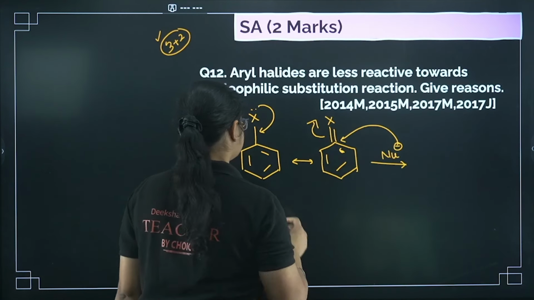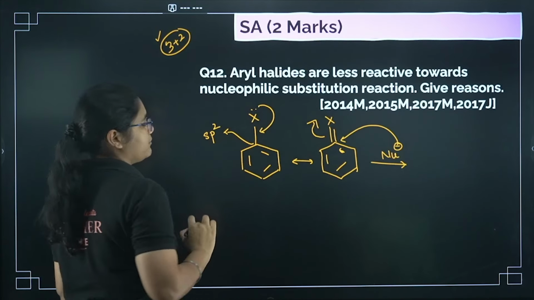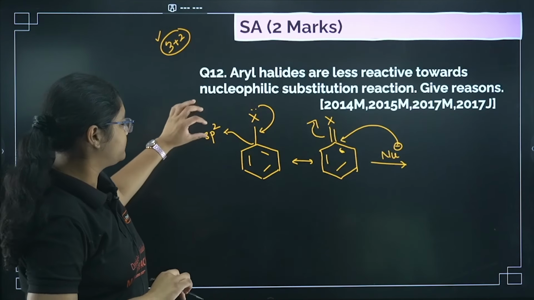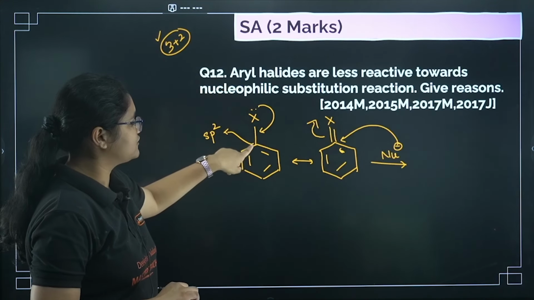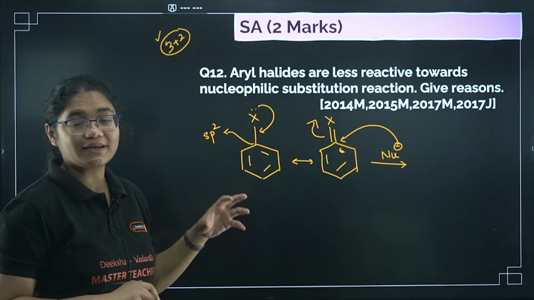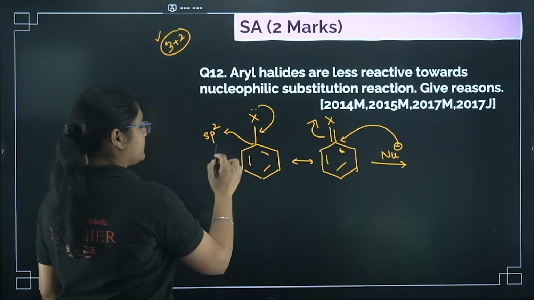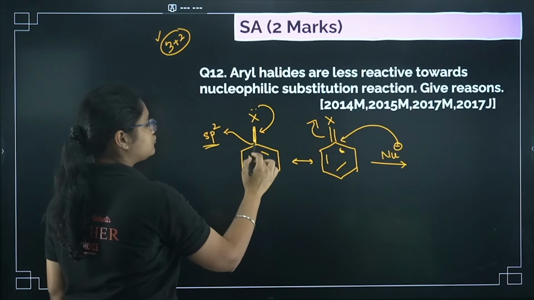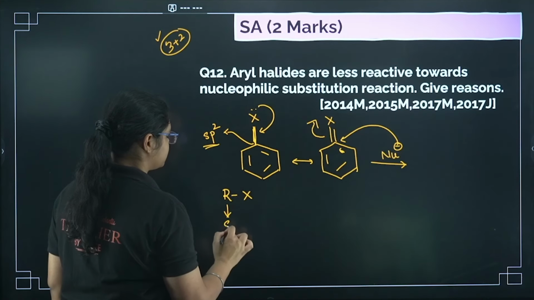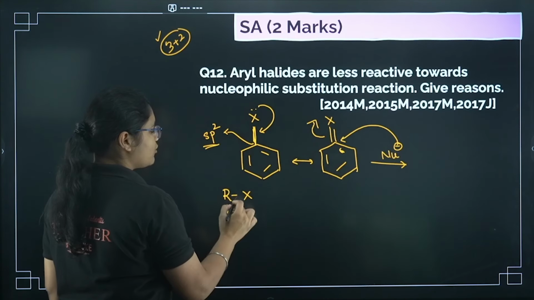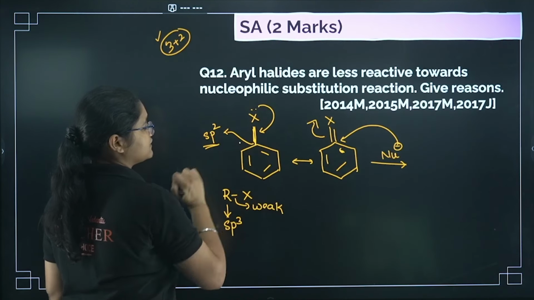The second reason is the hybridization of this carbon. This carbon is sp2 hybridized. Now if it is sp2 hybridized and there is X, the bond between this sp2 carbon and X is very strong, as compared to RX, where this R is sp3. So this bond is weak compared to this bond because it is an sp2 carbon.